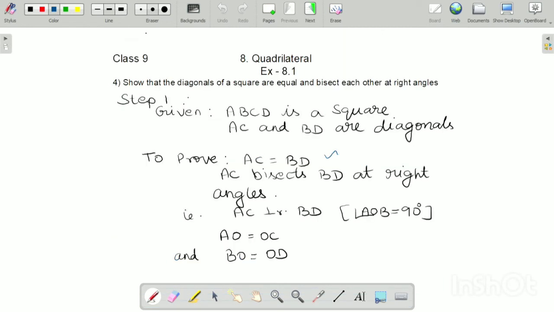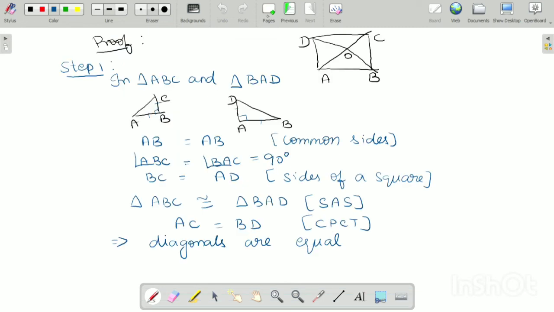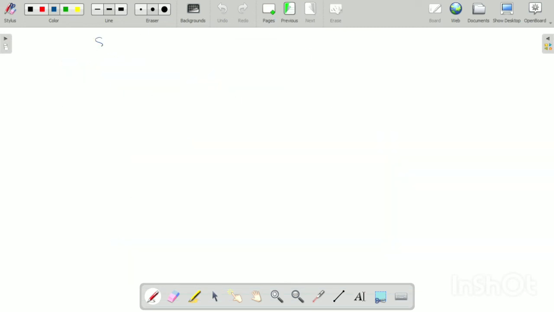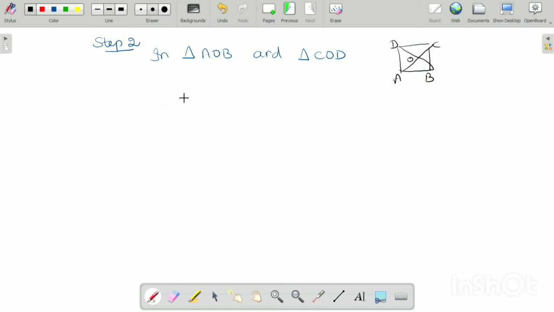Now step 2. In step 2, I am going to take triangle AOB and triangle COD. First I take the picture, then you get an idea what to do. This is a square A, B, C, D, and this is O, the intersect point.